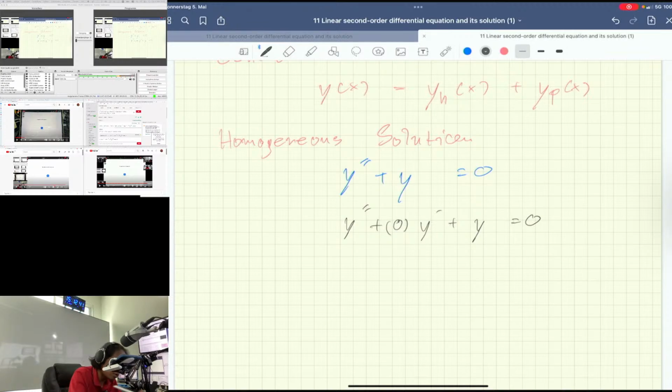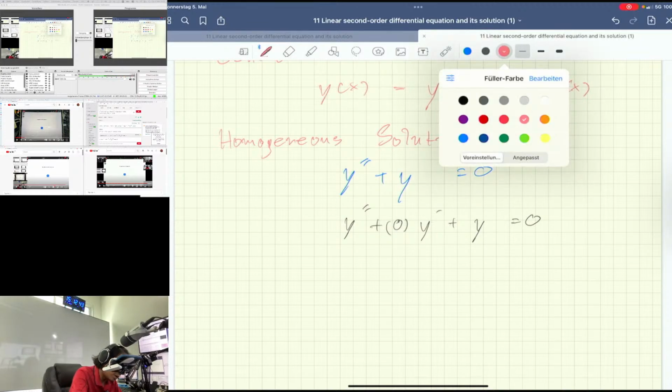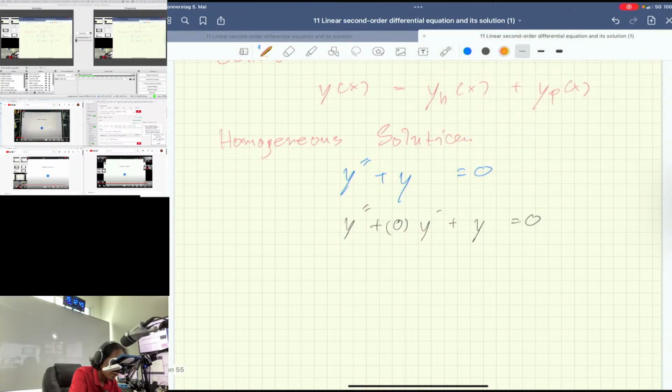And now you can convert it to the characteristic equation. The characteristic equation will be lambda squared + 0 lambda + 1. This is with the power of 1, this is with the power of 0, equal to 0.